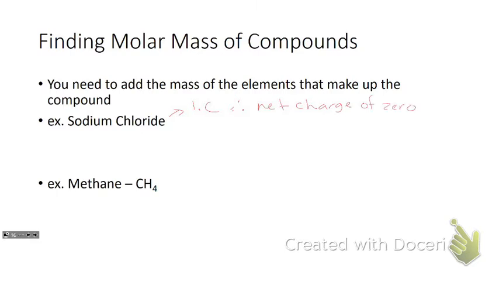Okay, so now I'm going to go from the name, sodium chloride, to the chemical formula. Sodium is a group 1 metal. So this means it always has a charge of what, Arian? +1. Very good. So Na has a charge of +1.